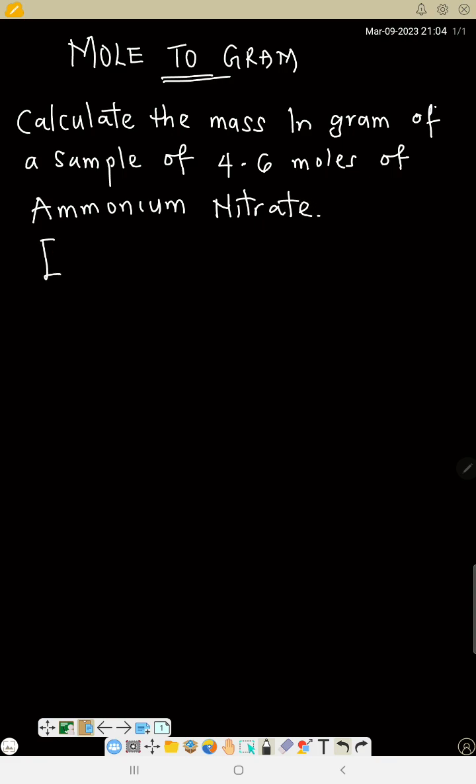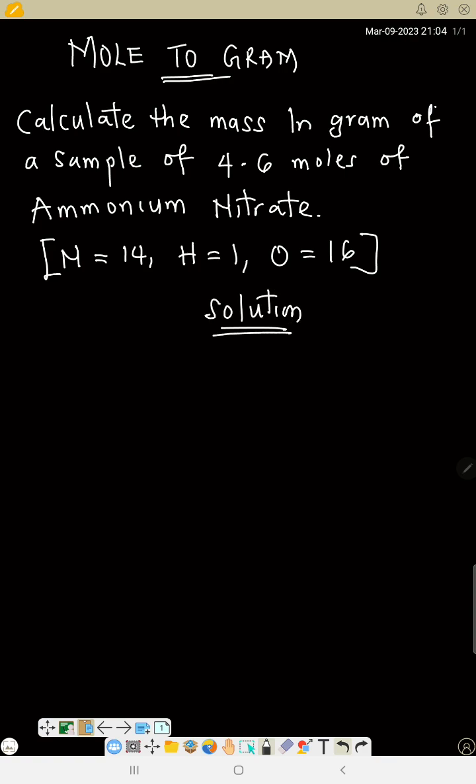So where nitrogen is 14, hydrogen is 1, oxygen is 16. So like that. So now calculate the mass in gram of a sample of 4.6 moles of ammonium nitrate.